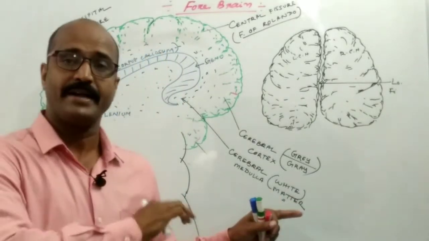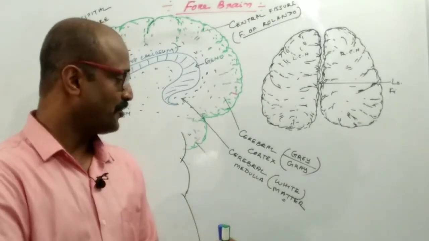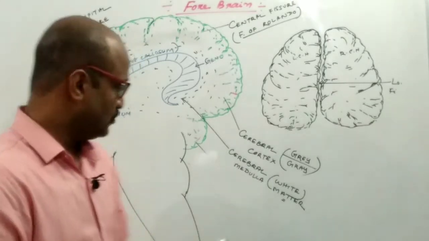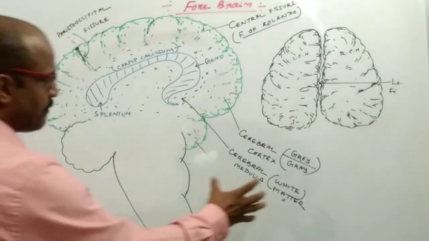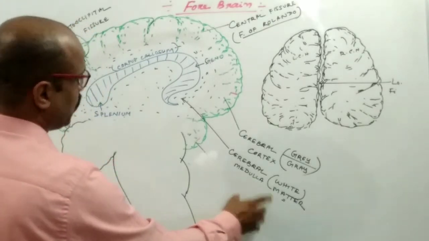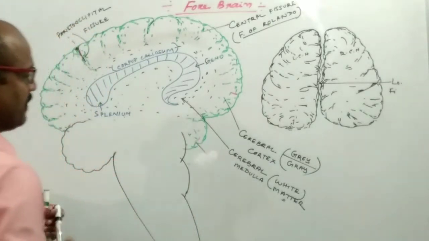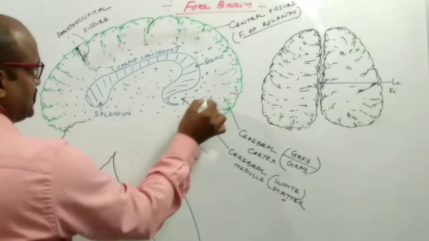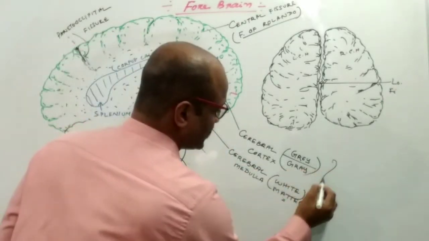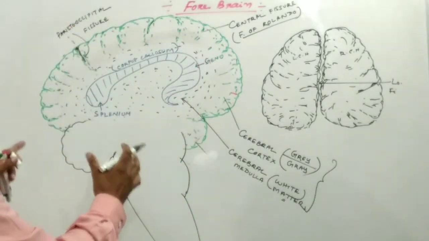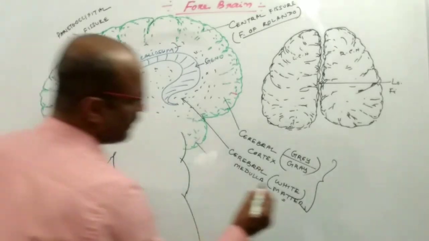Myelinated means the fatty myelin sheath is present on the neuron, which is why it is white in color. Because of the presence of the myelin sheath, these neurons form the white matter at the medulla region. And these two regions collectively are known as the pallium. So the cerebral cortex and the cerebral medulla together are known as the pallium.